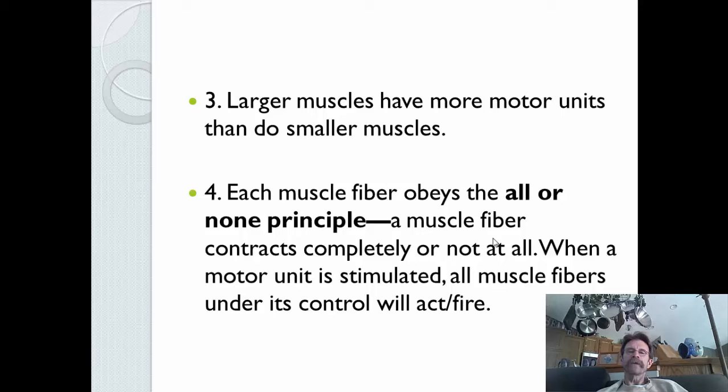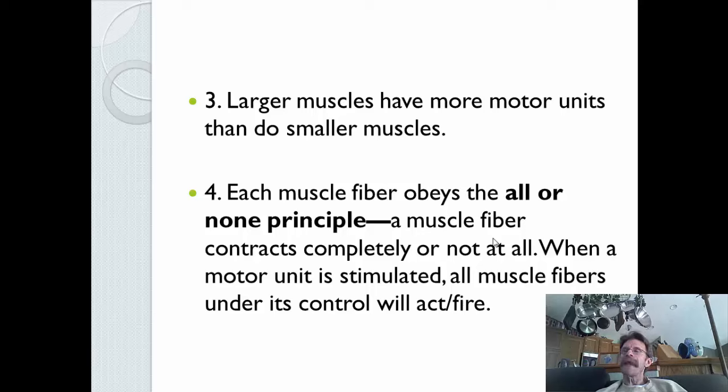Now, one thing you need to remember is that within the myofilament, all those actins and myosins will contract. But in all the myofibrils, not all the myofibrils will have to contract to cause the whole muscle fiber to contract.